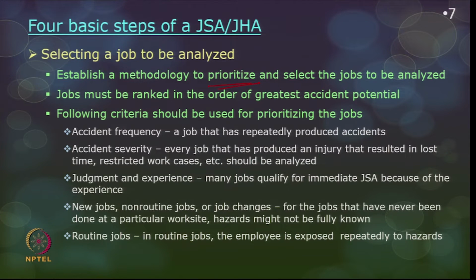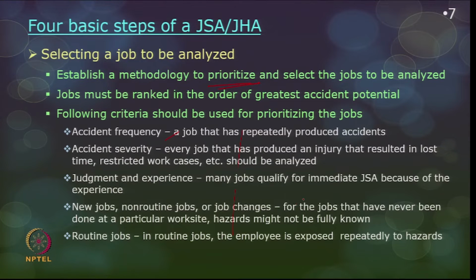So, jobs have to be ranked in the order of greatest accident potential. Some criteria which can be used are accident frequency, a job that has repeatedly produced accidents; job severity, a job may not have produced too many accidents, but it may have a severe injury rate, in the sense a serious accident; and judgment and experience.